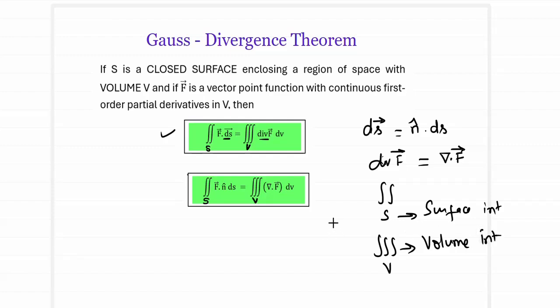So the Gauss divergence theorem brings out a relationship that connects a surface integral with the volume integral.